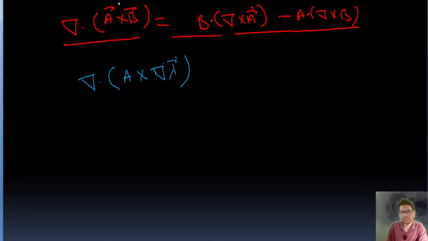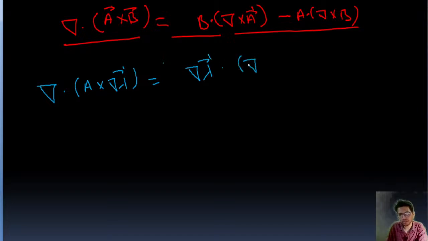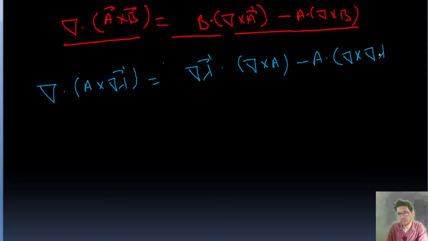So if you open it by this formula, we write del dot A cross gradient of lambda, because this is a vector. If you open this, it is going to be gradient of lambda dot curl of A, minus A dot curl of gradient of lambda.